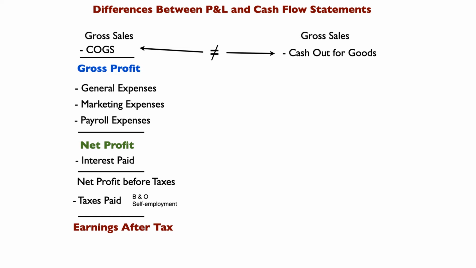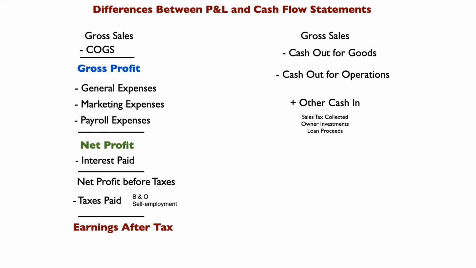A very important distinction. We then look at the operating costs. That's the cash out to operate your business, the fixed costs. Those are pretty much the same as the profit and loss statement. Then we look at a general bucket, if you will, for catching any other cash coming into the business other than revenue, other than cash from making sales. This could include the sales tax collected on behalf of the state.